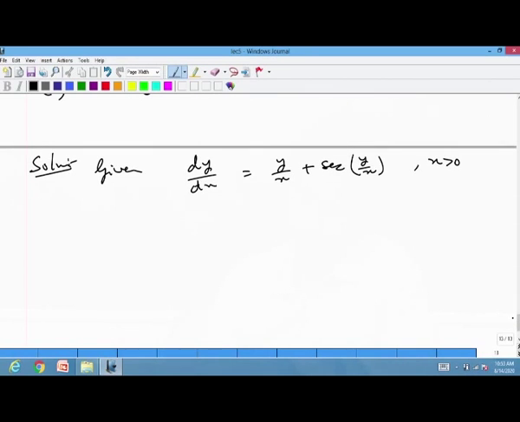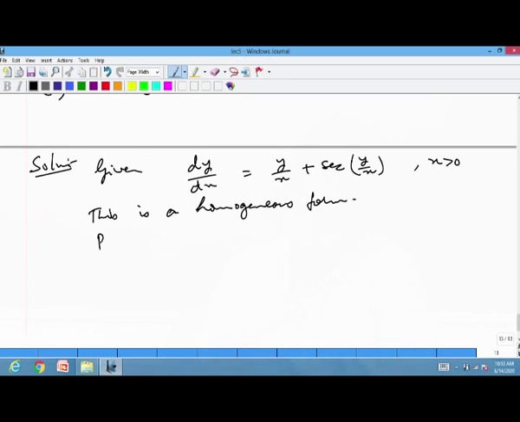We see here that dy dx is given as a function of y by x. So, this is a homogeneous form.